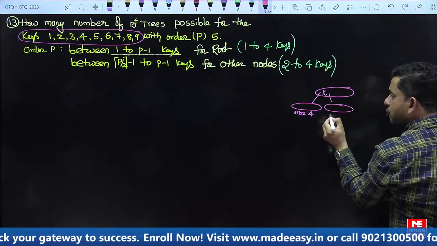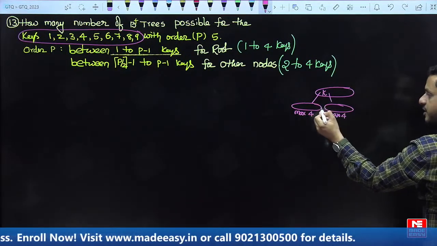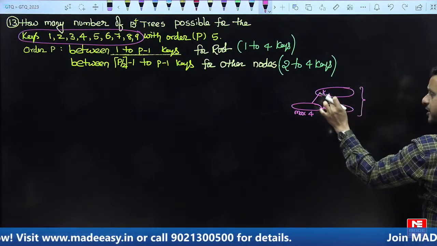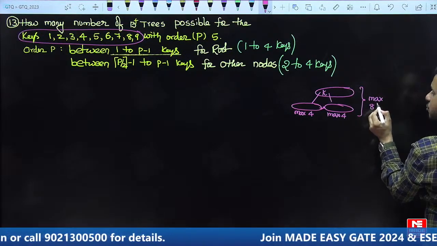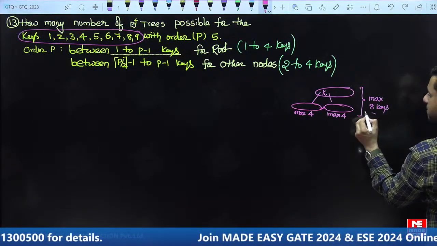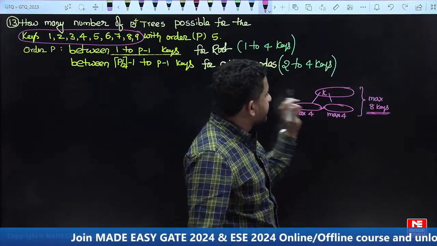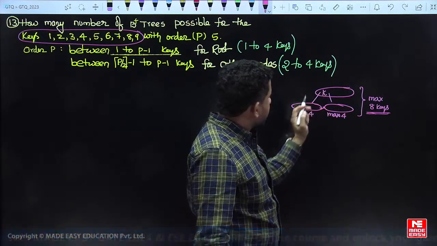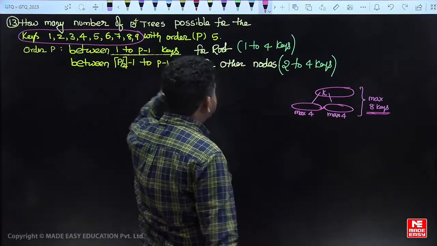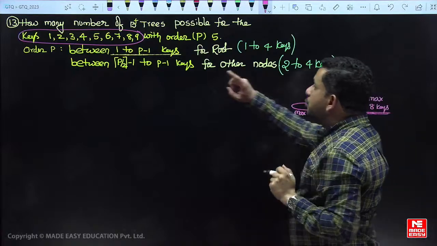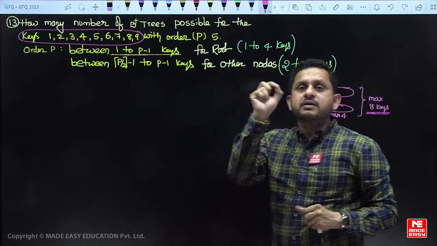If I take one key at the root, a maximum of 8 keys can be stored in the tree, like 1 2 3 4 and 5 6 7 8, with the root key being either 4 or 5 based on left or right biasing. But the keys are 9, so it is not possible to take one key at the root, because the number of keys is more than one root key can support.